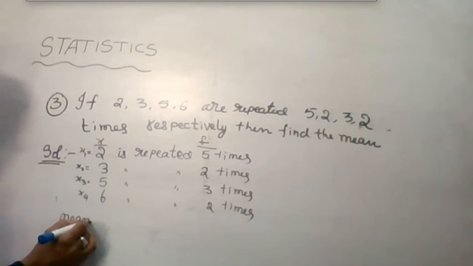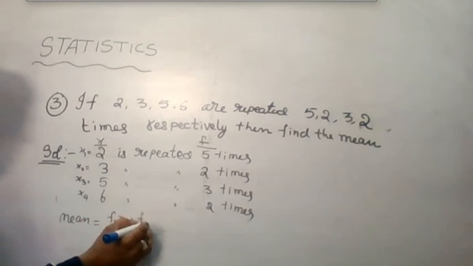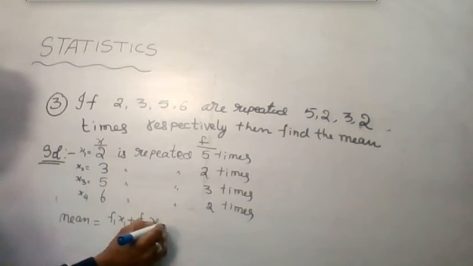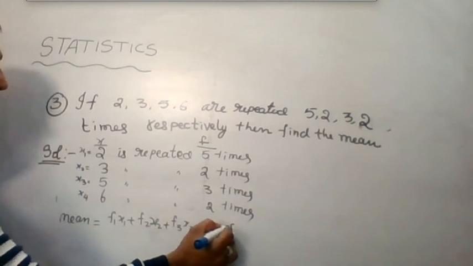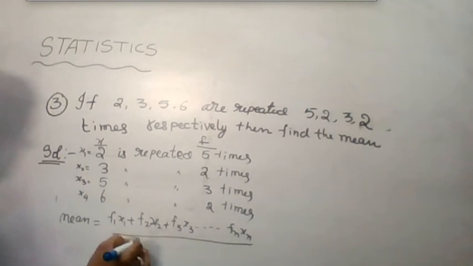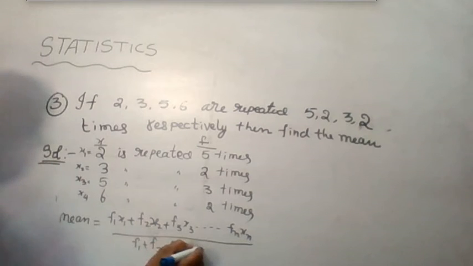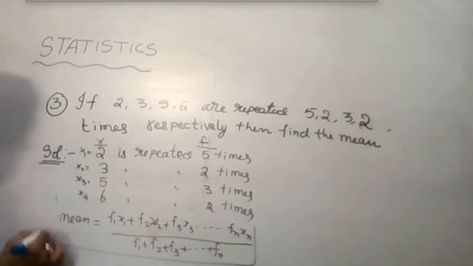So the mean formula is equal to f1 x1 plus f2 x2 plus f3 x3, and so on up to fn xn, divided by f1 plus f2 plus f3 and so on up to fn.